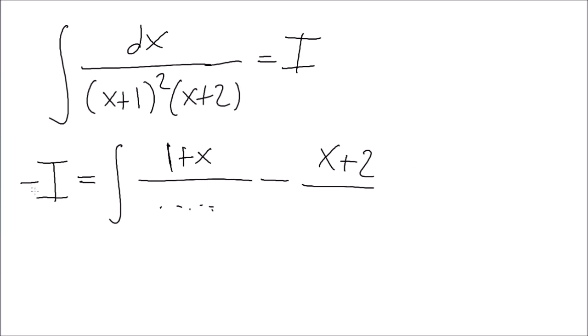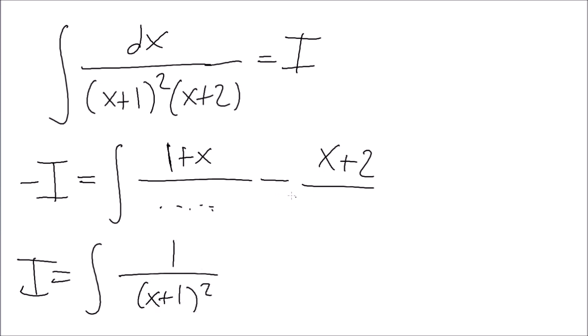And then that negative here, I can just divide it, or just bring the negative to the other side, and this makes this whole side negative. Okay, so what we actually have is I is equal to, oops, this negative here distributes everything, so we get positive (x plus 1) squared from this side, because the x plus 2 canceled out.